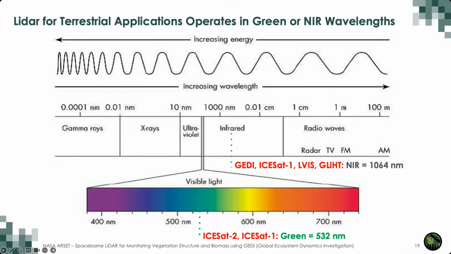In contrast, bathymetric LiDAR uses a green light laser because that wavelength effectively penetrates water. On this slide, you can see a list of some of the available LiDAR instruments that include both spaceborne and airborne instruments, firing in the near-infrared as well as in the green portion of the electromagnetic spectrum.